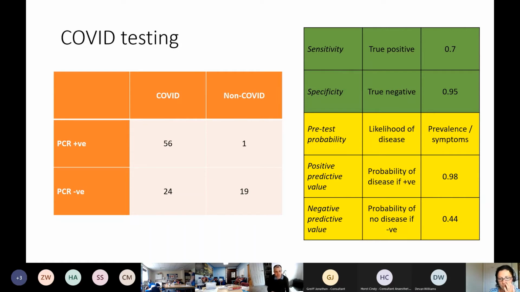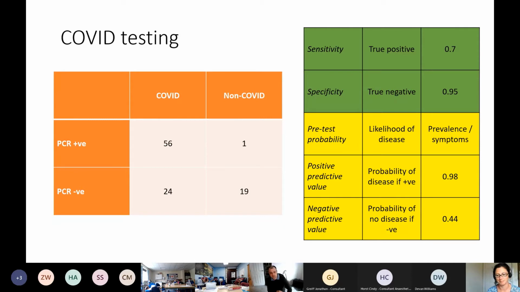So if a patient turns up with a PCR positive test, their probability, just looking at the numbers, would be 0.98. So positive test is 98% likely to have COVID. And the negative predictive value, so the probability of no disease if negative, is only 0.44. So a negative test isn't so good at saying you don't have COVID.